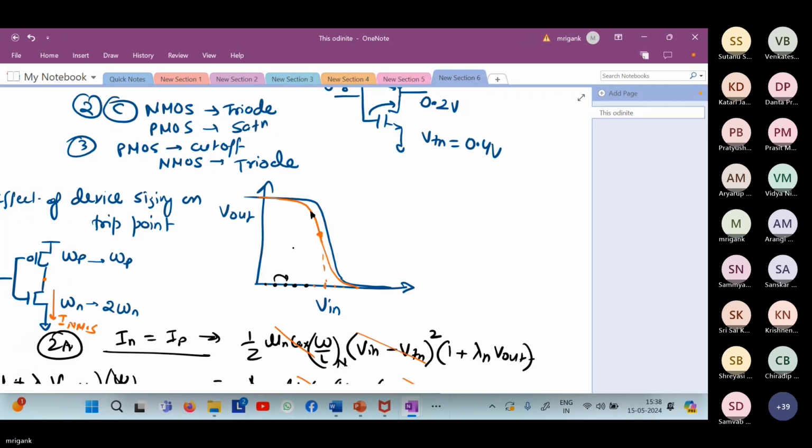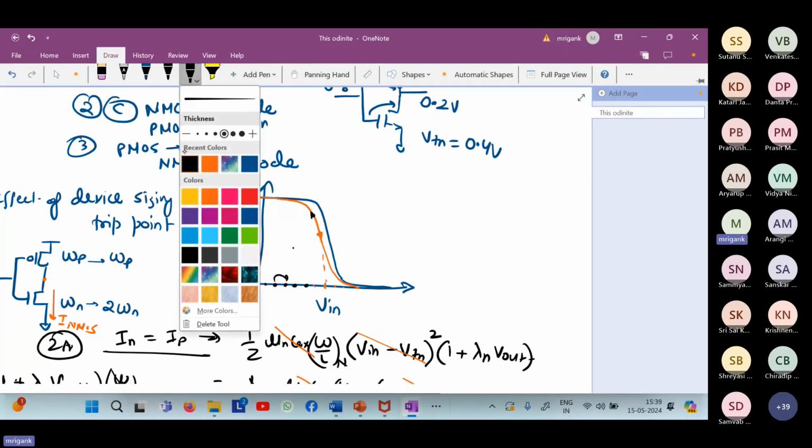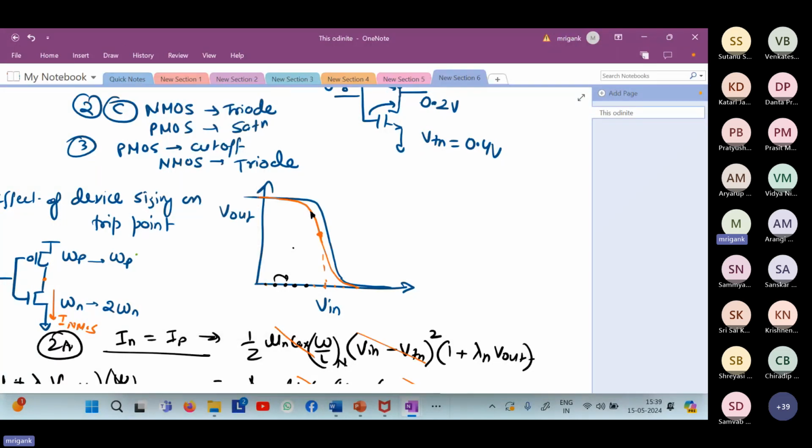Likewise, if you do it in the opposite direction, if you are making the PMOS bigger, so suppose I go for 2WP and WN, what should happen? The WP is now bigger. So now if you look at the opposite side, this is moving from the opposite side.